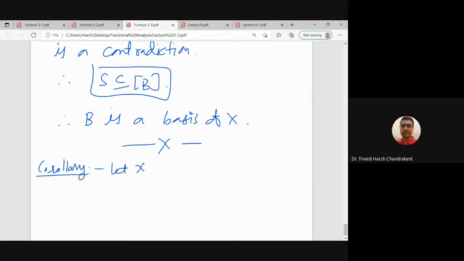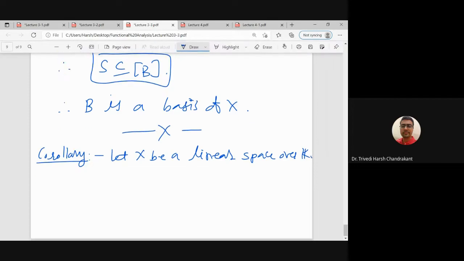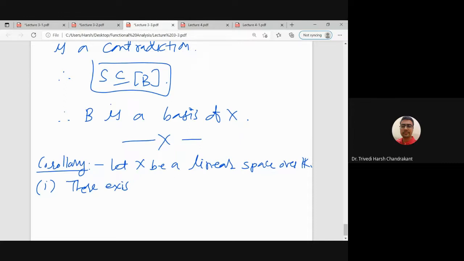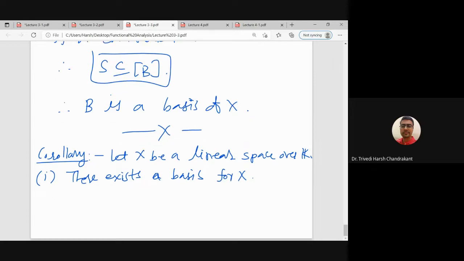So let X be a vector space over K, and in which there exists a basis for X. That is what we want to prove as a first result.